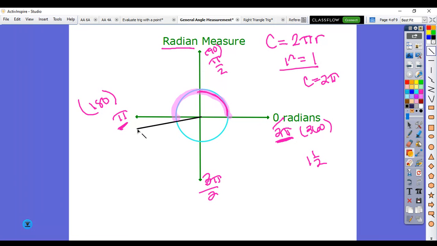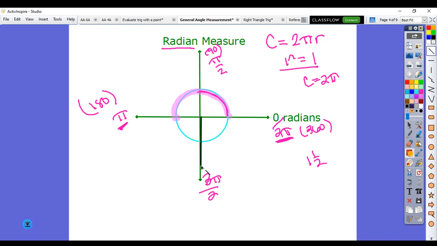If I come past 1, this is more than 1, less than 1.5. Everything in here is between 1 and 1.5. If I go past here, this is more than 1.5, but less than 2 until I get up here to 2 pi. So it's all about where does this end? In the first quadrant, it's between 0 and a half. In the second quadrant, it's more than a half, but less than 1. Third quadrant, more than 1, less than 1.5.